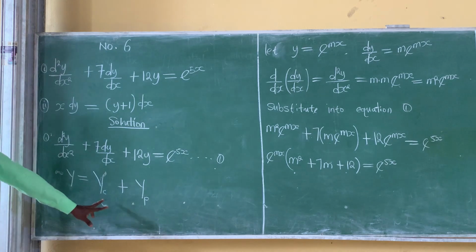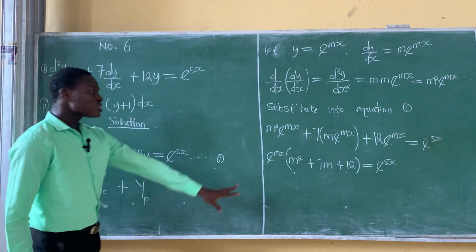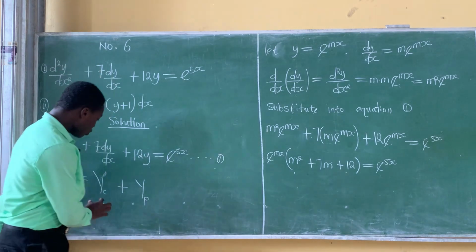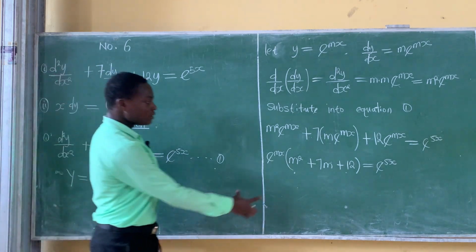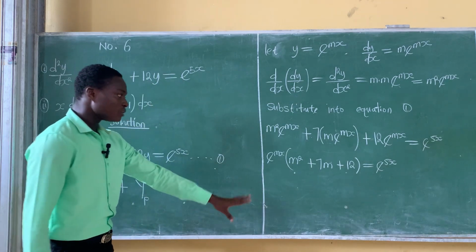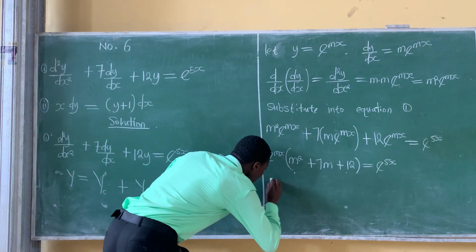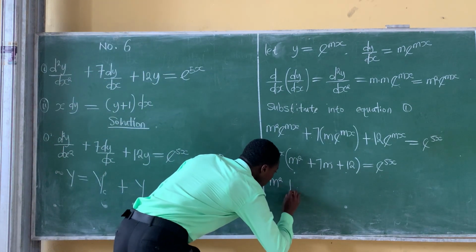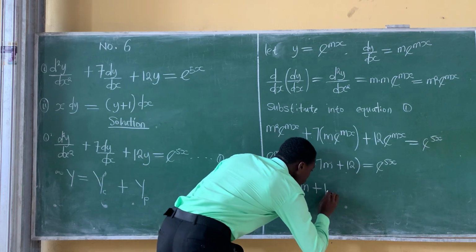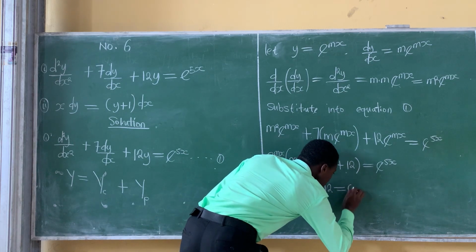Now, to obtain the complementary solution, we need to set the left-hand side equal to 0. So we have m² + 7m + 12 = 0.